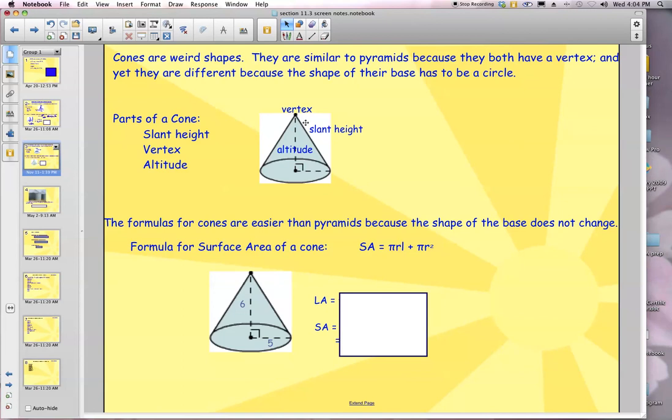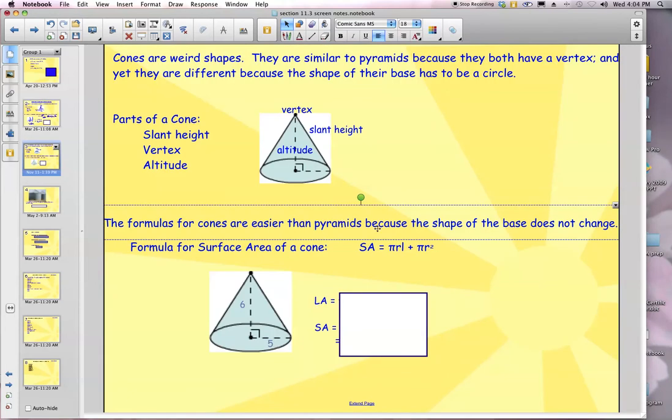The slant height still shows the height of the sides, so to speak. The altitude still shows the height of the entire figure. The formula for surface area of a cone is a little bit easier than pyramids, simply because cones have a circular base where pyramids can have any shape base.